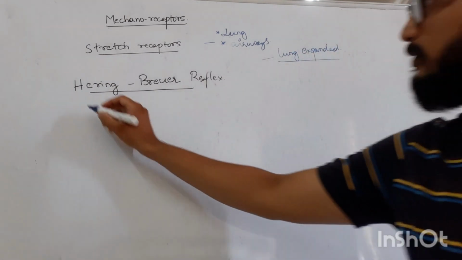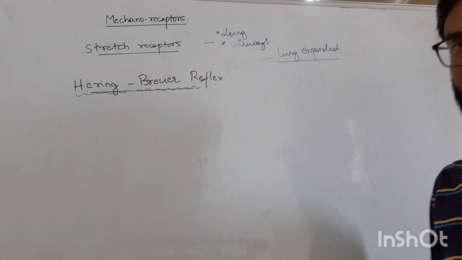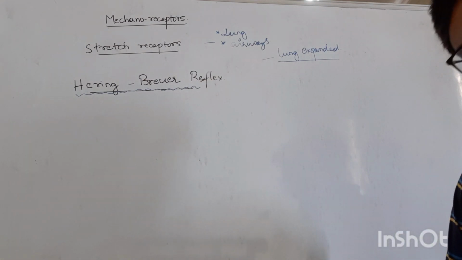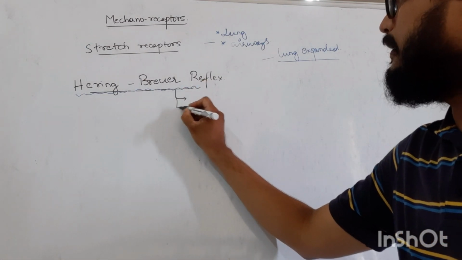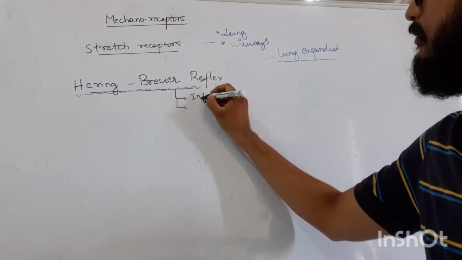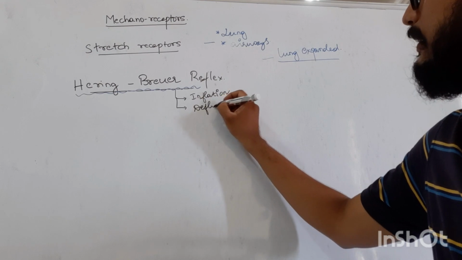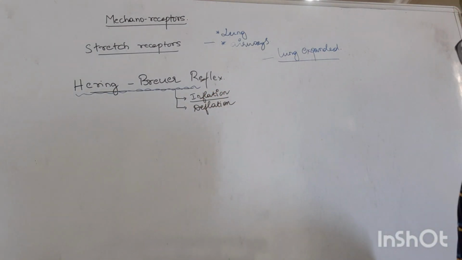This can be explained by what is called the Hering-Breuer reflex. There are two separate reflexes that are explained, one called the inflation reflex and the other the deflation reflex. So, we will see what the Hering-Breuer inflation reflex explains.